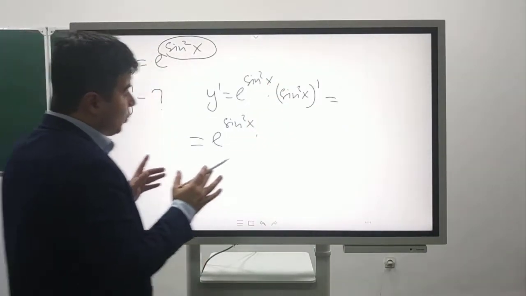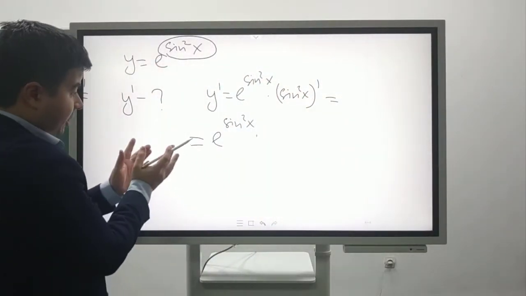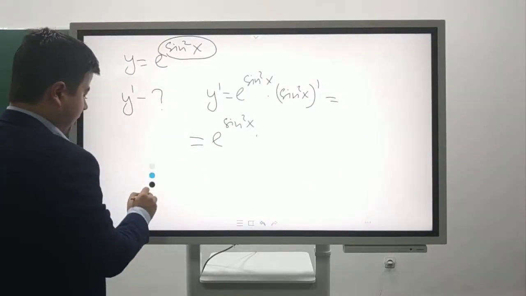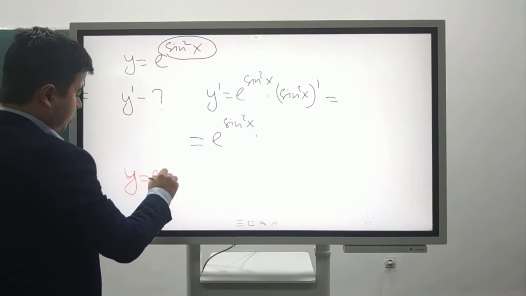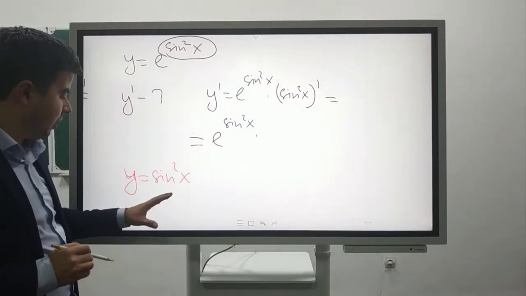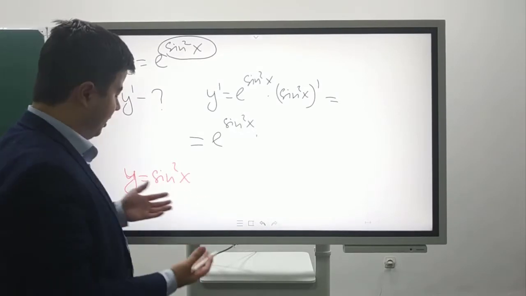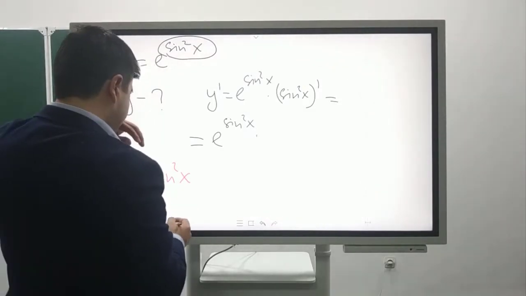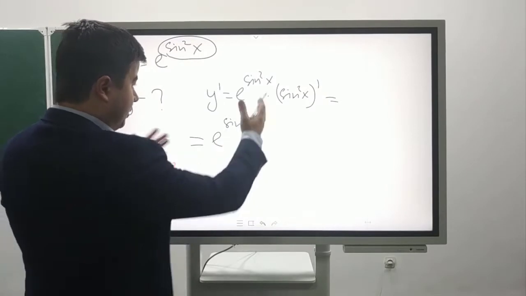In sine squared x, here also we have again a composite function. Let's separately consider this one, y equals sine squared x. Here also we have a composition of two functions. The first function is a power function, x squared. The second function is sine x. How to find the derivative of this function?